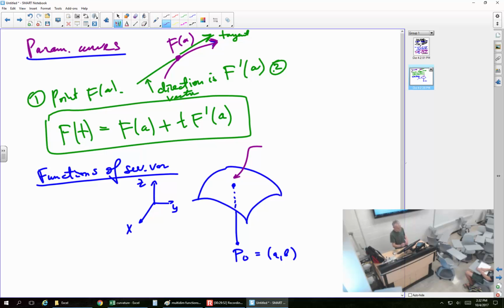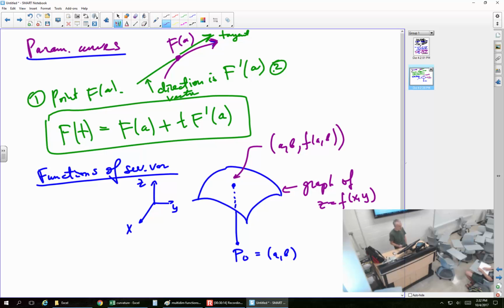That's how we build the graph of the function. This kind of computation creates the graph of z equals f of x, y.